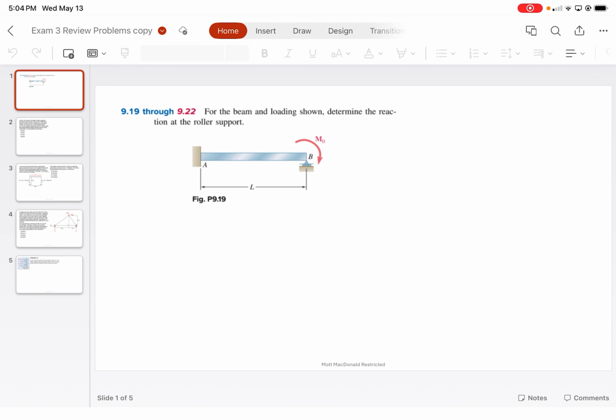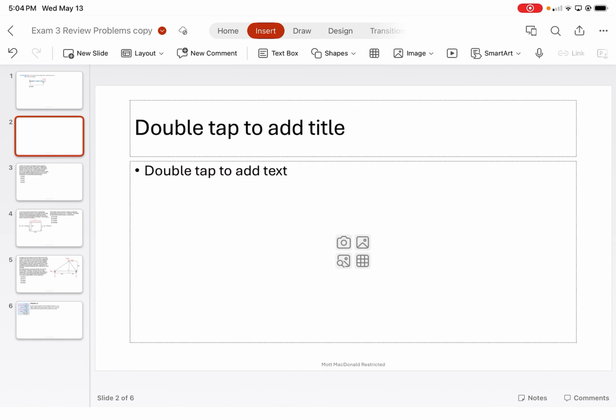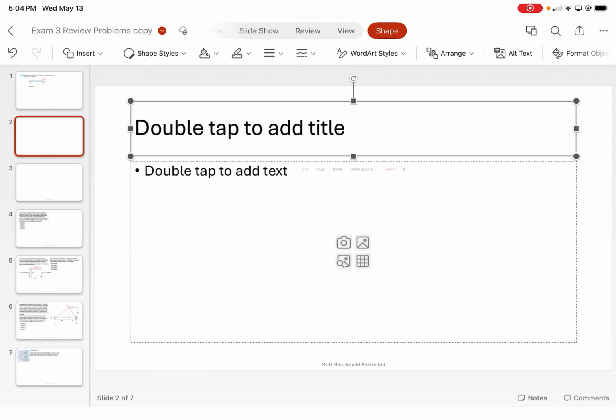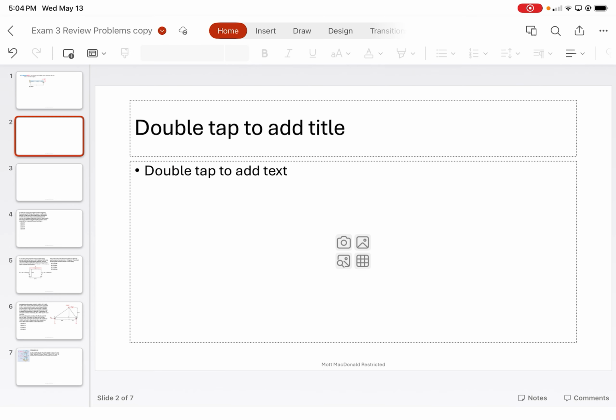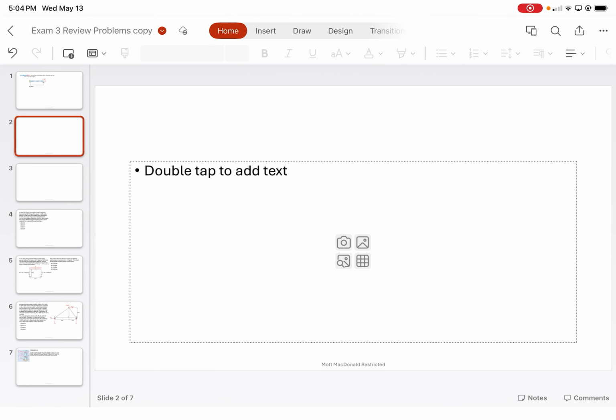But anyways, this problem we're asked to solve for the roller support. So I first want to ask, how do you guys think we do this? What would you guys do? Let me just insert a few blank pages. You want to do equilibrium first?